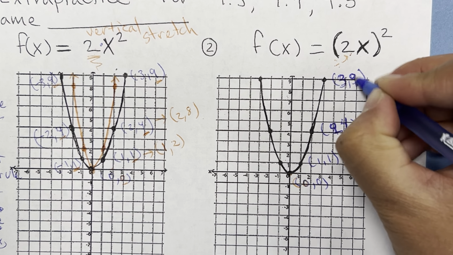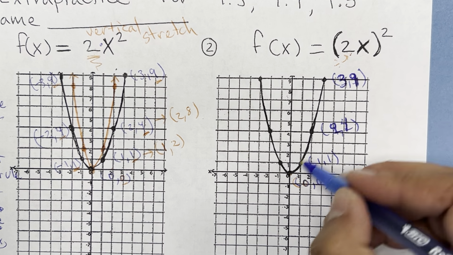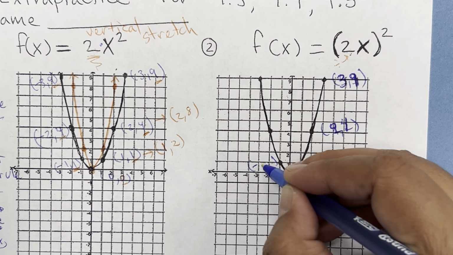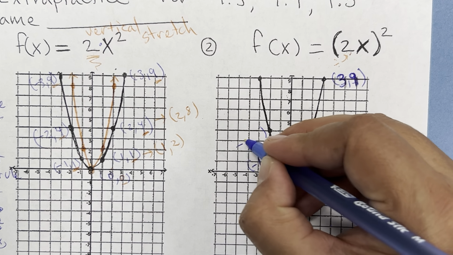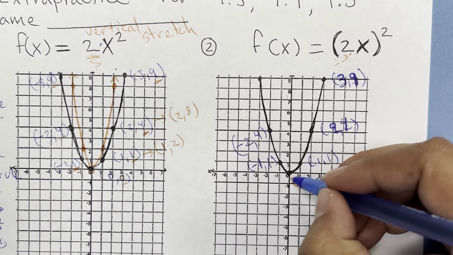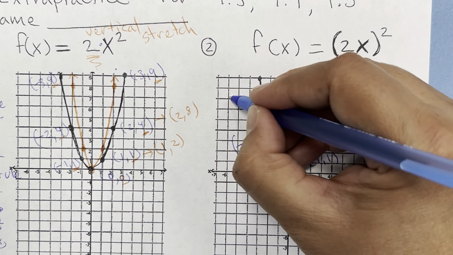Sorry about that. On the other side is negative 1, 1, negative 2, 4, and negative 3, positive 9.